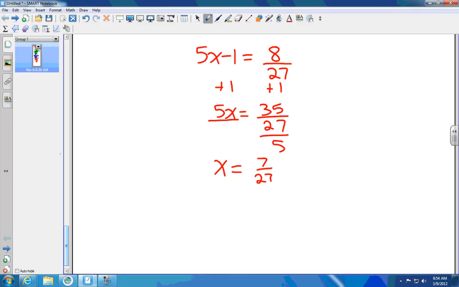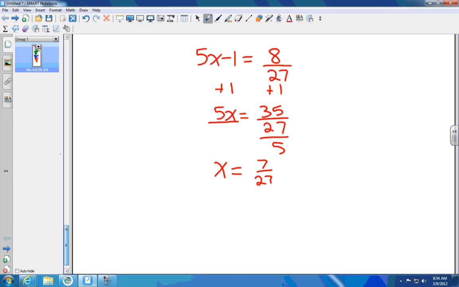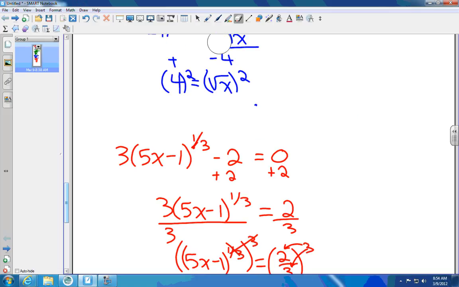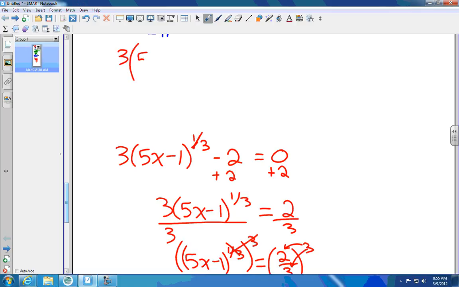Looks fun to plug in. You do have to do it. So you have to plug 7/27ths in for your x.